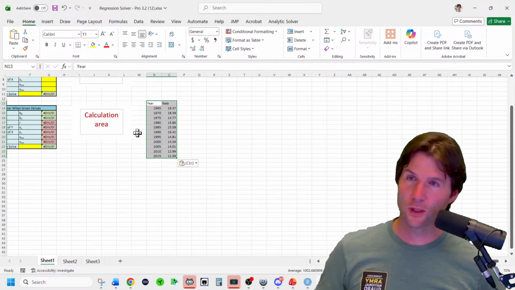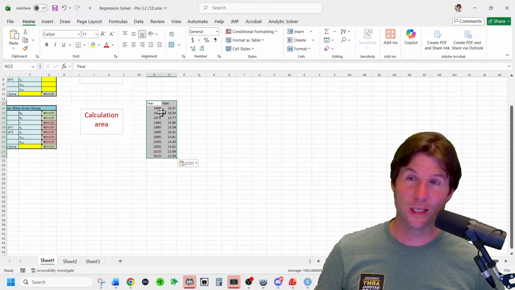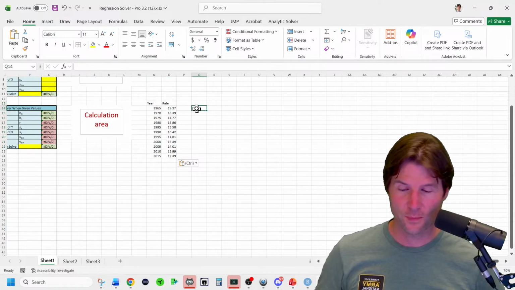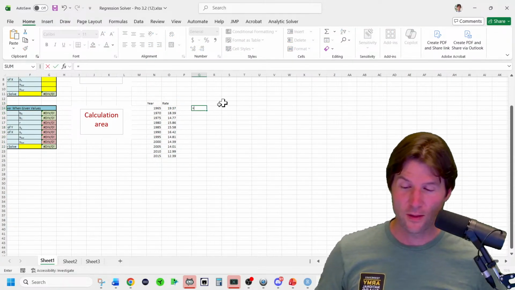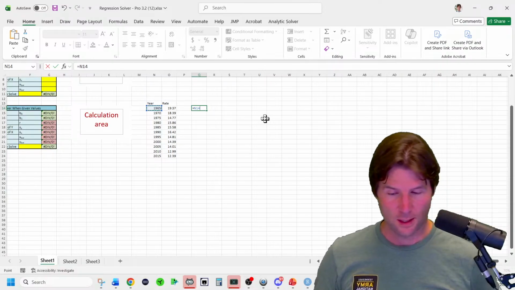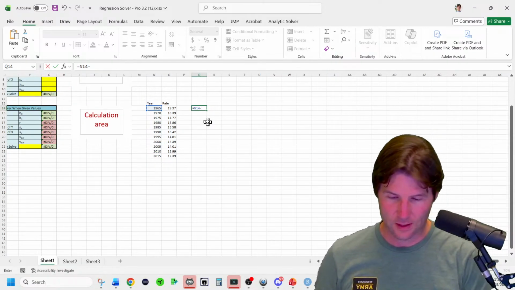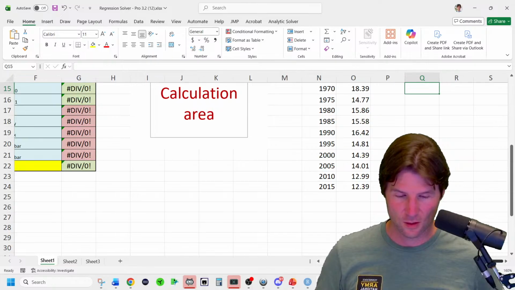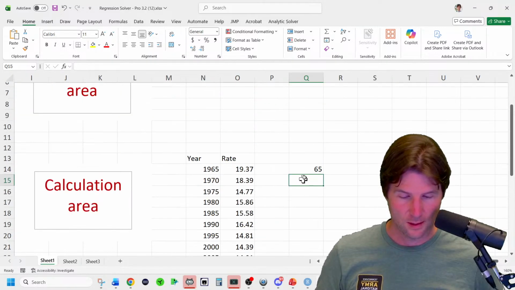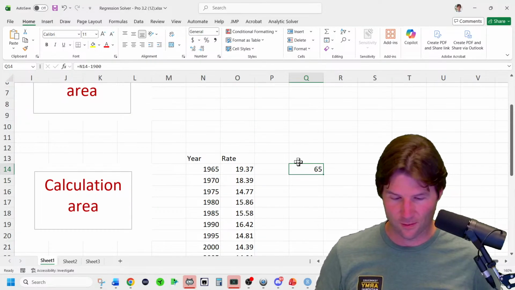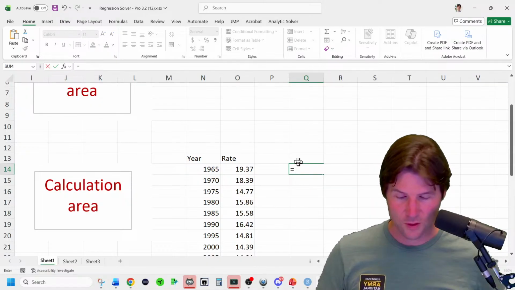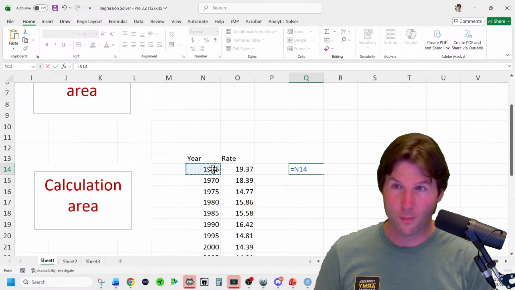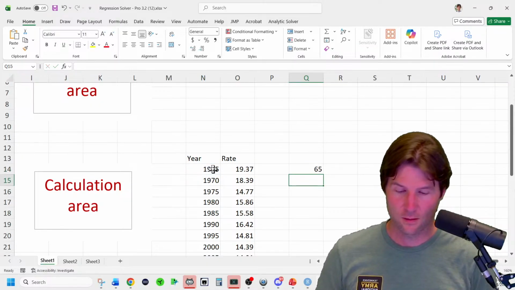So now you're going to remove the 1900. Here's how to do it. Equals, select the cell, minus 1900. I'll zoom in so you can see it. Just go to any cell and do equals, click the cell, minus 1900.